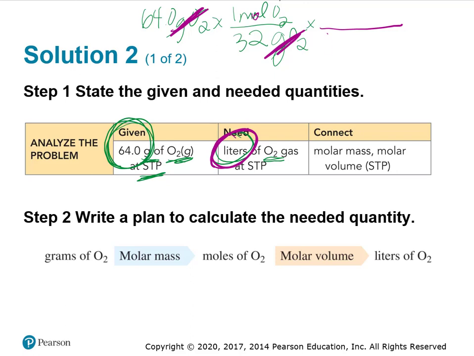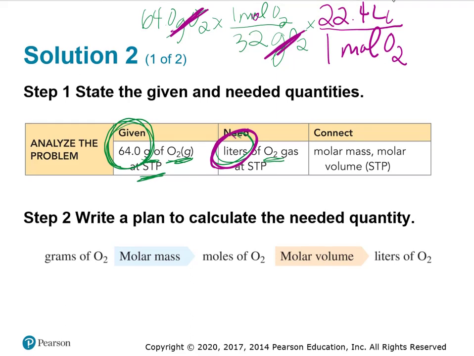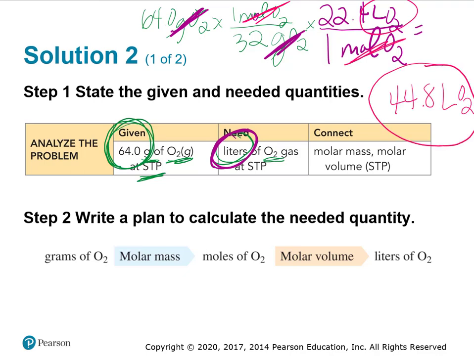So I need to have 1 mole of O2 on the bottom and 22.4 liters of O2 on top. So now we just need to do 64 times 1 times 22.4, all divided by 32. And notice that moles of O2 cancel, and that will leave us with liters of O2. And my calculator gave me 44.8 liters of oxygen.